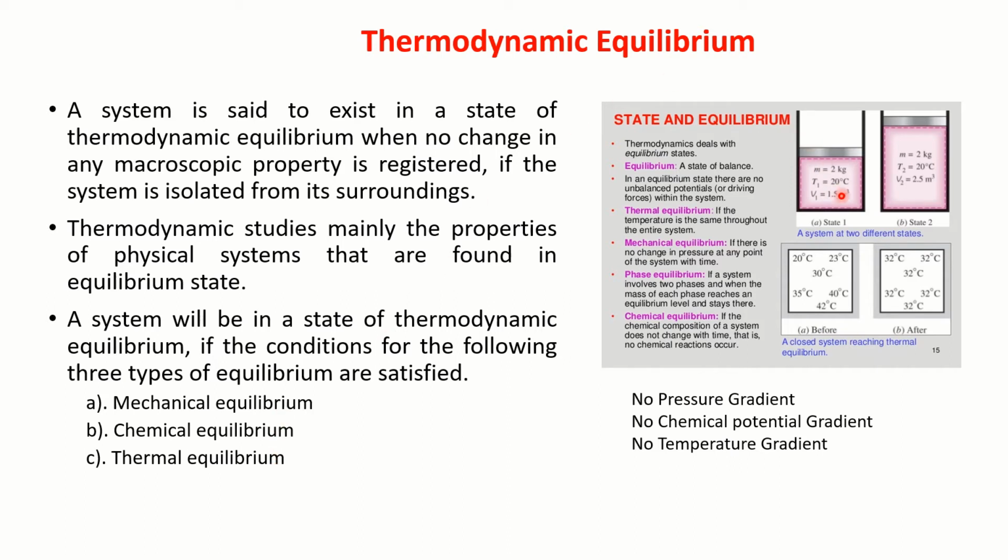For example, let us look at this. I have a system. Let us say the mass is 22 kg, temperature is 20 degrees Celsius, and volume is 1.5 meter cube.